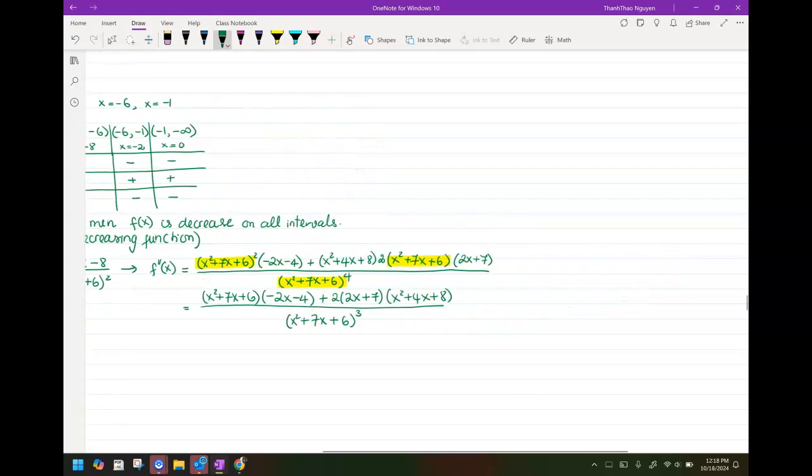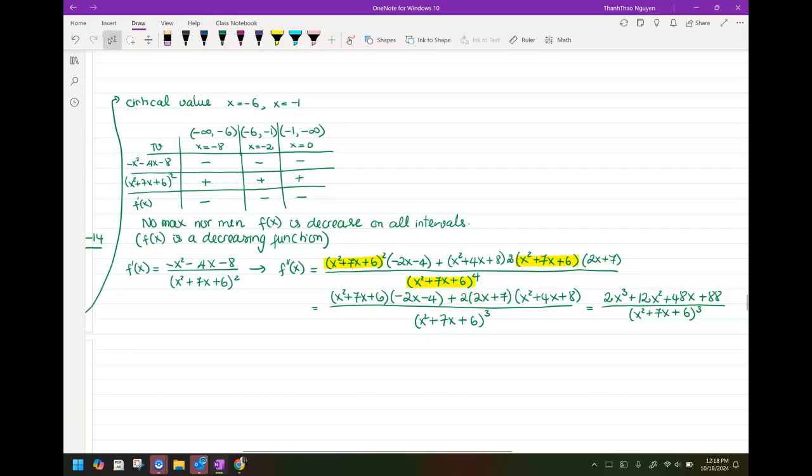Now simplify this further by multiplying it all out in the numerator and combining like terms. I get 2x cubed plus 12x squared plus 48x plus 88, divided by (x squared plus 7x plus 6) cubed.